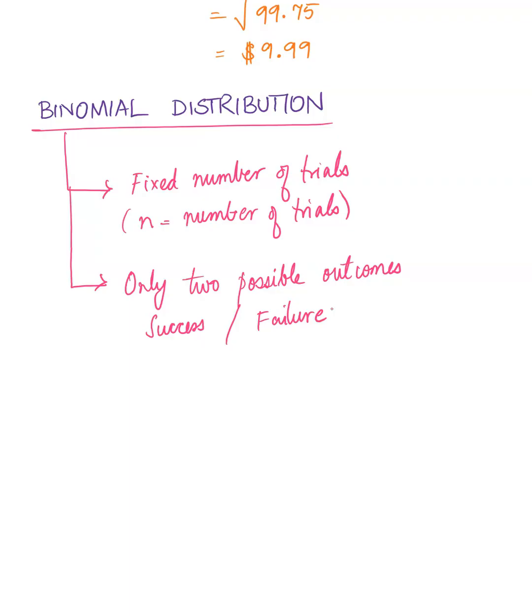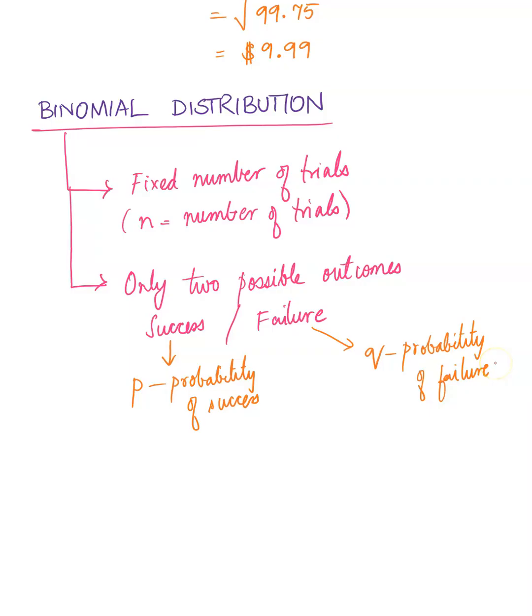All right. Now for the success, we use P, lowercase p, as the probability of success. And for failure, we call it Q, which is the probability of failure. So you know that the probability of success plus the probability of failure must be the entire probability, 1, isn't it?